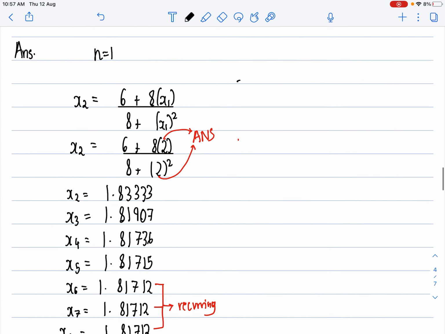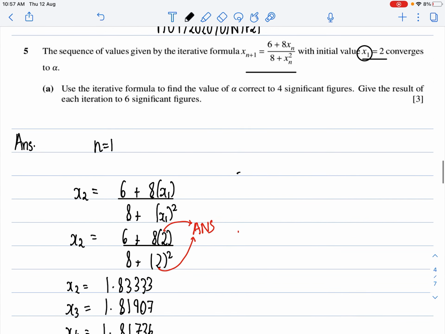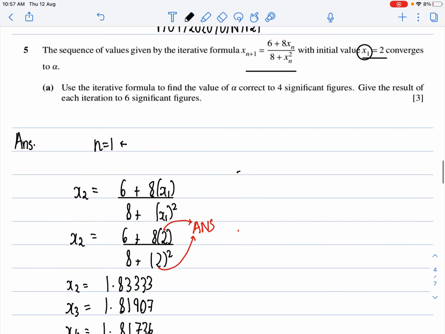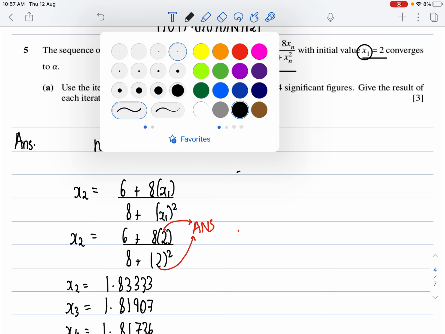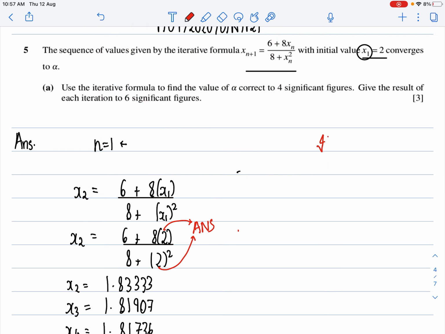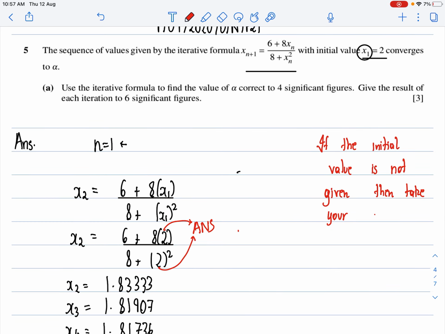Another point to remember: because you had the initial value, you took your n as 1. If the initial value is not given, then take your n as 0, because then it will start from x1.